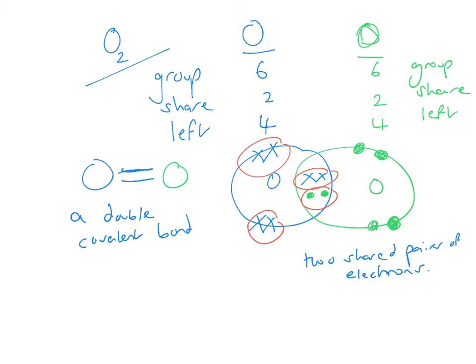Admittedly, they're not all its own, but it's sharing or has a total of 8 electrons. If we now look at the other atom, it's got 2, 4, 6, 8. It's also got a share of 8 electrons. So both atoms have filled their outer shells.